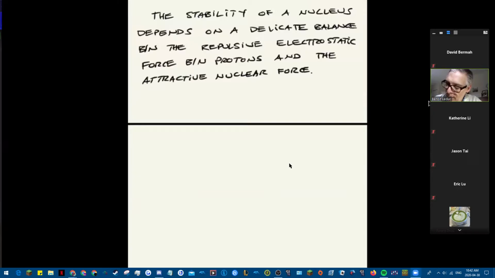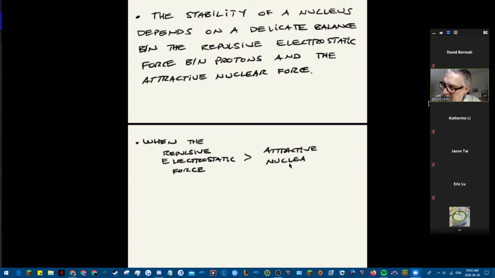So when the electrostatic force is greater than the attractive nuclear force, okay, the nucleus breaks apart.